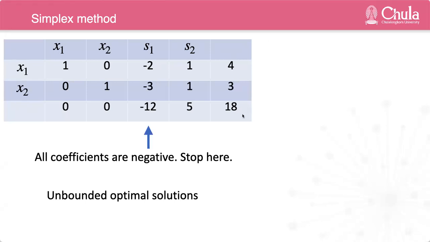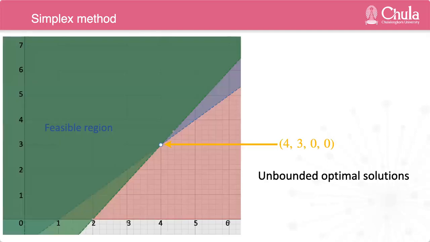So we cannot further use the algorithm. All coefficients are negative. We should stop here. And in this case, it signifies the unbounded optimal solution. If you look at this one, we stop at this point, and we can further decrease the objective function.